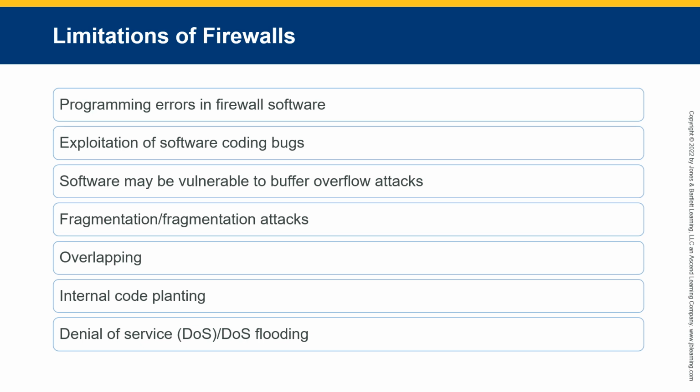Since the firewall has to process every packet based on a full rule set, this could cause a firewall to have a lot of undue pressure and utilize a lot of processor time. So we have that there.